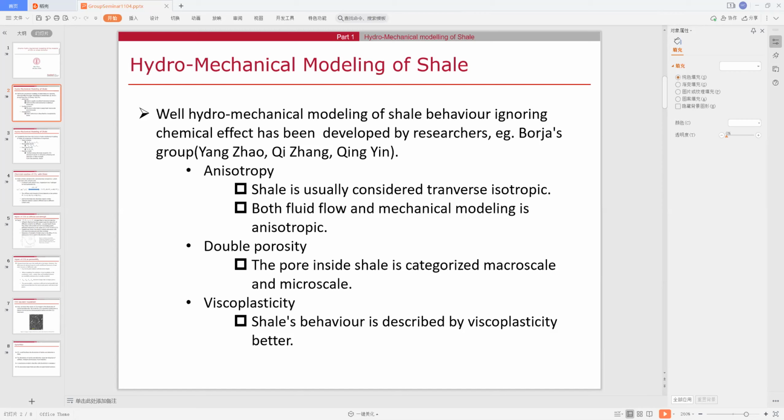Our group actually has proposed a very effective anisotropic chemical plasticity model, which is suited to use here. Of course, shale has other important properties like heterogeneity, but let's just focus on the above three factors first, because these three are closely related to the carbon dioxide impact.